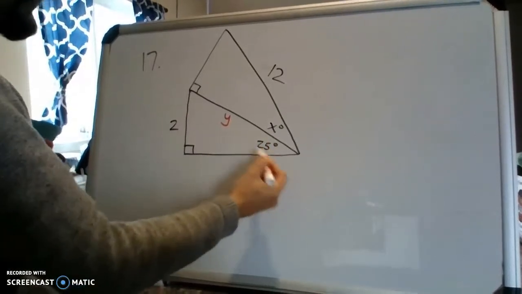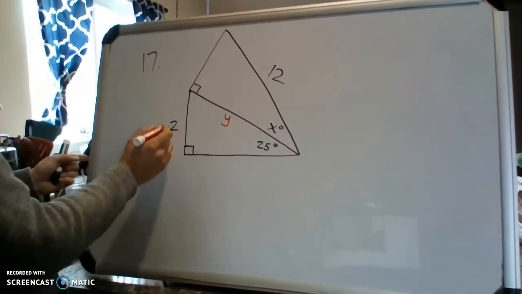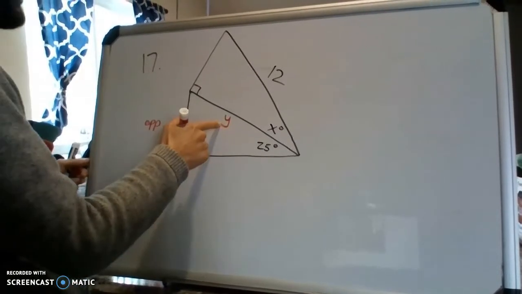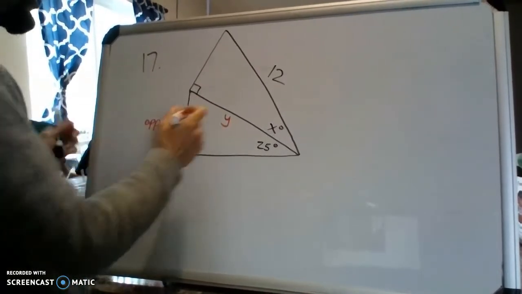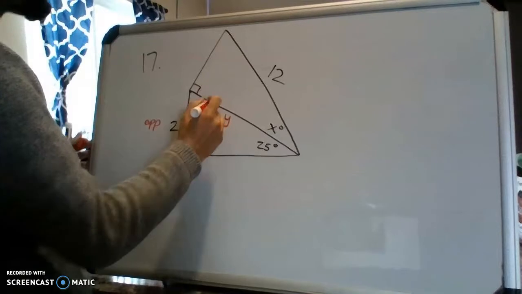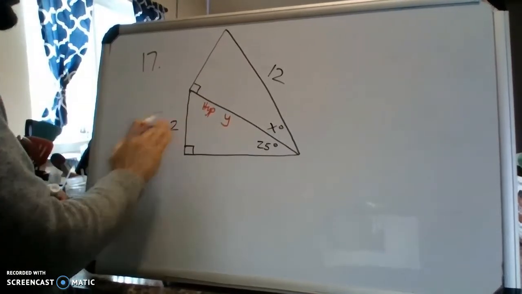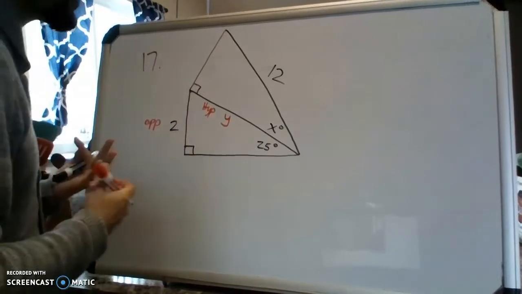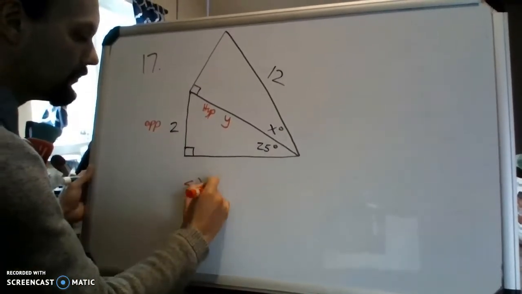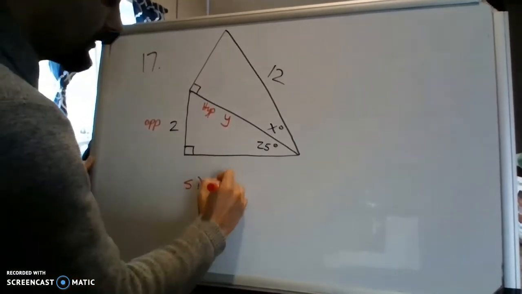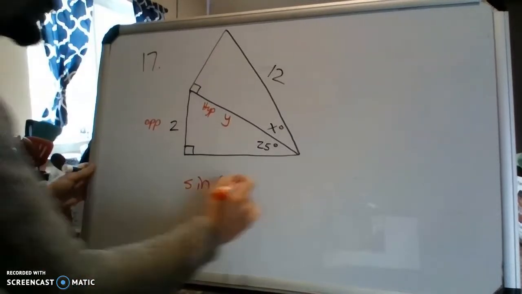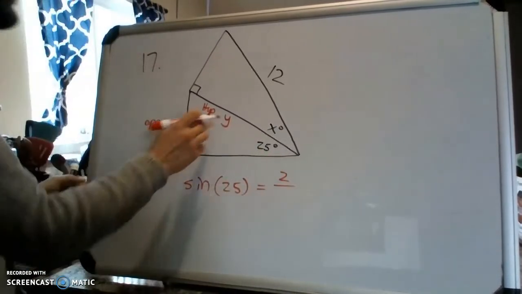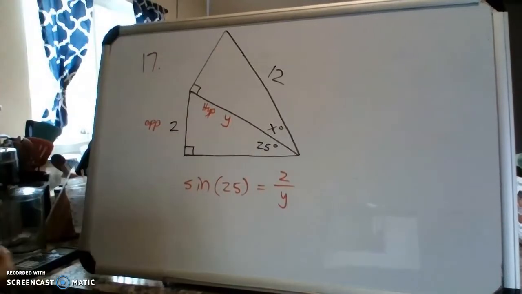If we're looking at the 25-degree angle, that means that the side length 2 here would be the opposite side, and then y would be the hypotenuse for the lower triangle. So which trig ratio uses the hypotenuse and the opposite side? That would be sine. So sine of the angle that we're looking at, 25 degrees, is equal to the opposite side, which is 2, over the hypotenuse side, which is y.